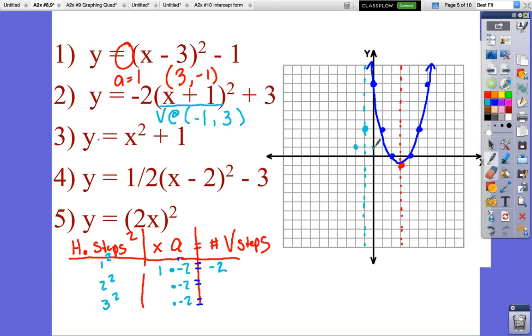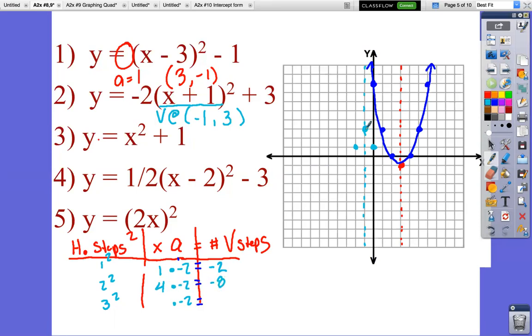And then over 1, there you go. Well, what if I took 2 horizontal steps? I have to square. What is 2 squared? 4. 4 times -2 is -8.